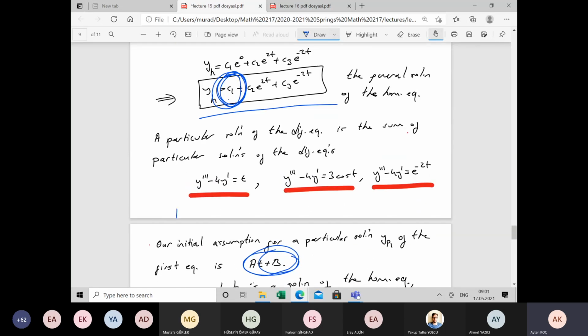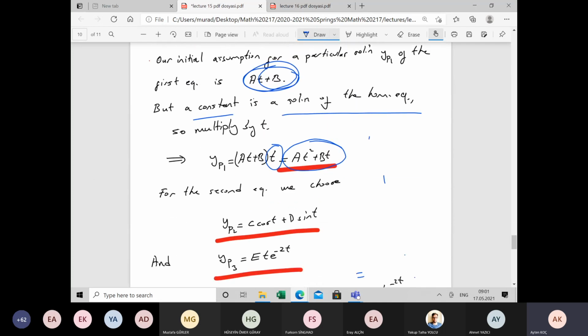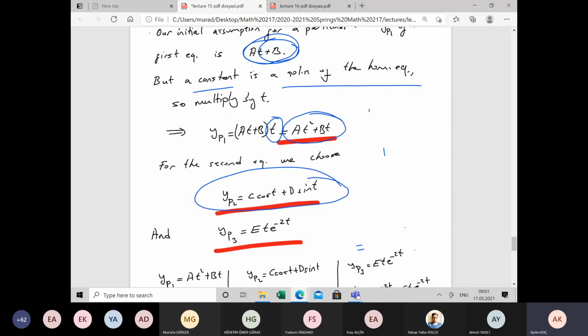Look at the second differential equation. The particular solution should be of this form. It contains a trigonometric function, cosine or sine, so our form should be c cosine t plus d sine t.